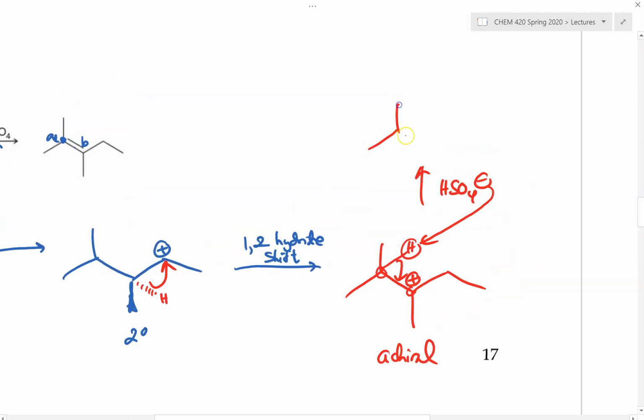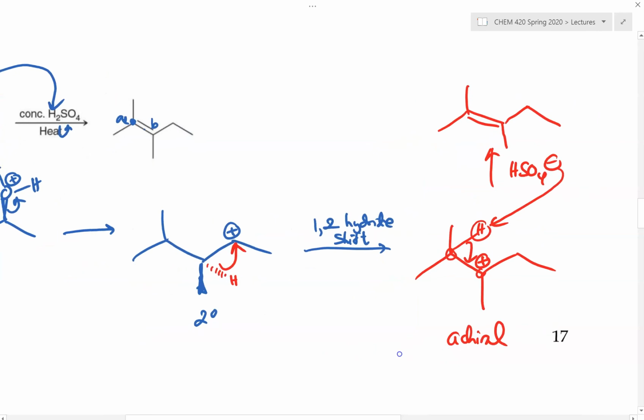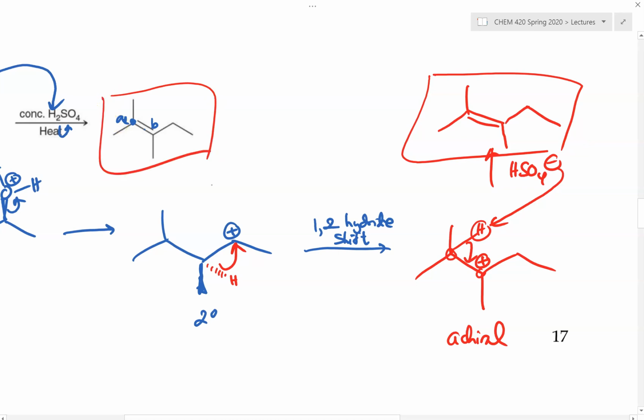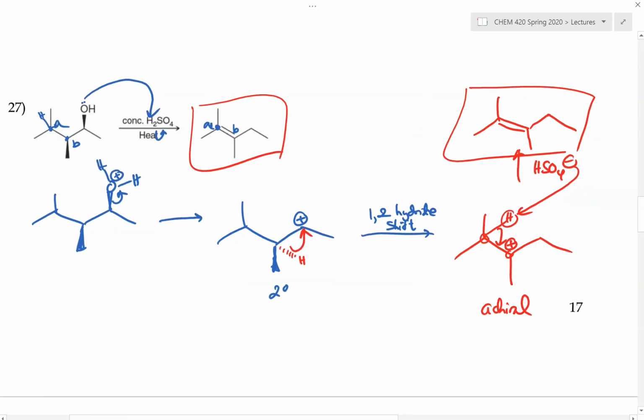And the product of this reaction would be this double bond. And that is the same product that we are supposed to write the reaction mechanism for. So the mechanism of the E1 reaction is relatively easy.